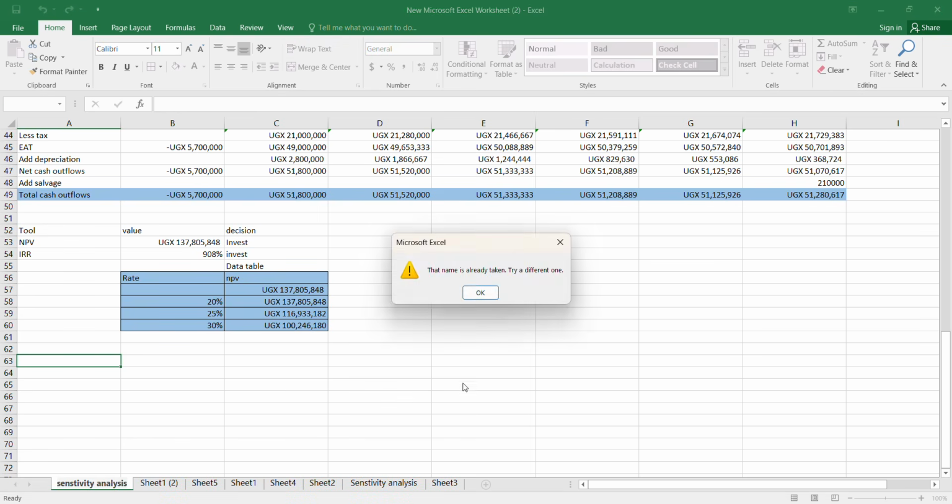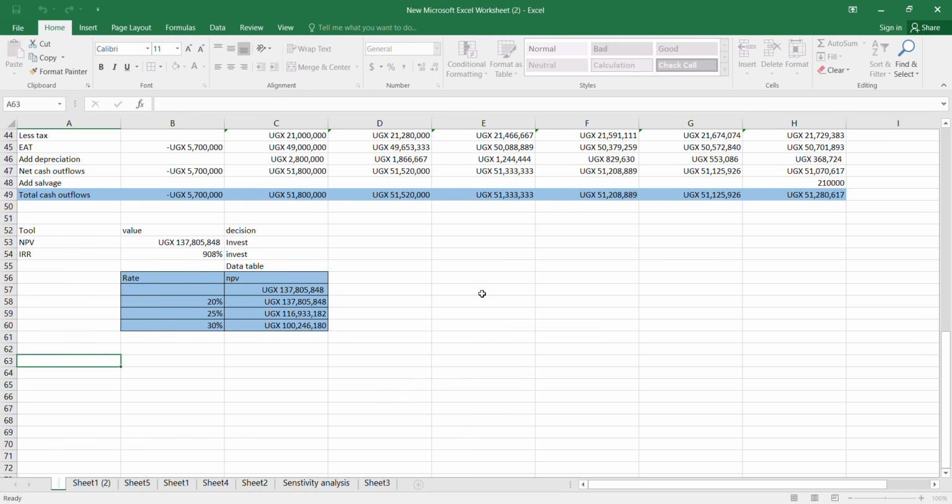Then this is the copy of our work. The real work is still existing.